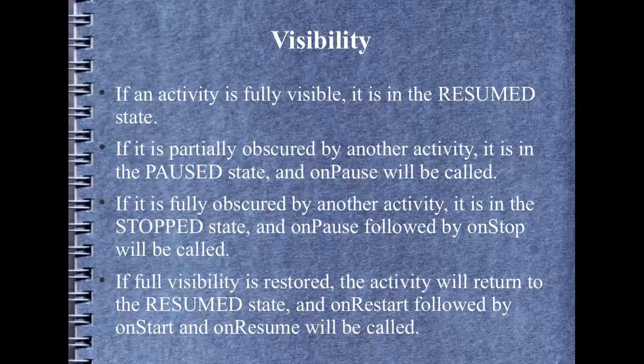It could be becoming invisible, or another activity could be partially obscuring it. And in that case, both, it will remain in the pause state. If it's fully obscured by another activity, or if it's fully gone off the screen, it's in the stopped state. Stopped and created are alike in this way. Created and stopped, they're both fully invisible.